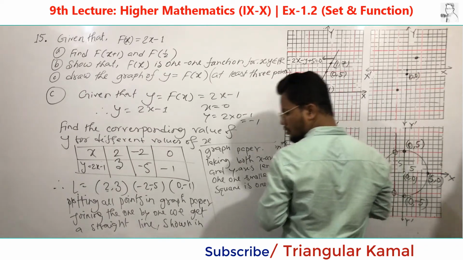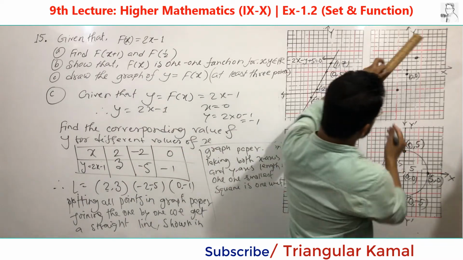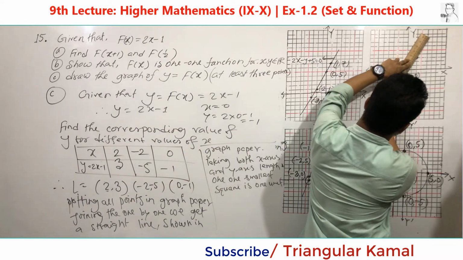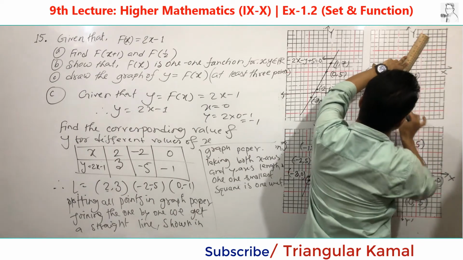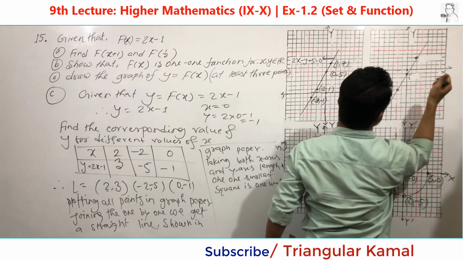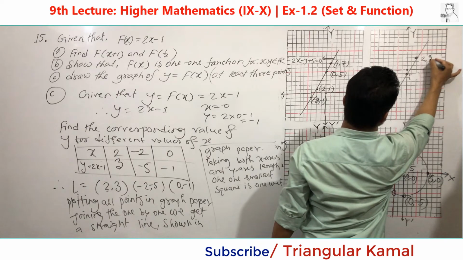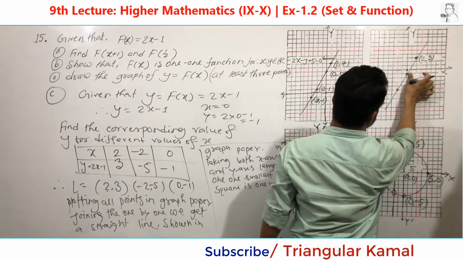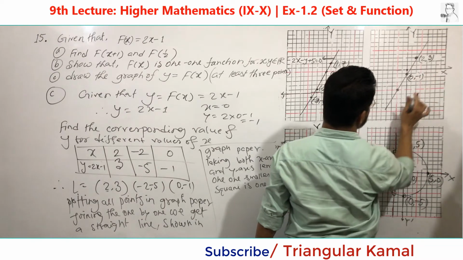So now joining the 3 points, we can write here: this one is 2, 3. This point indicates 0, minus 1.